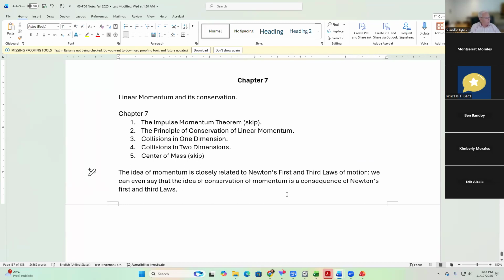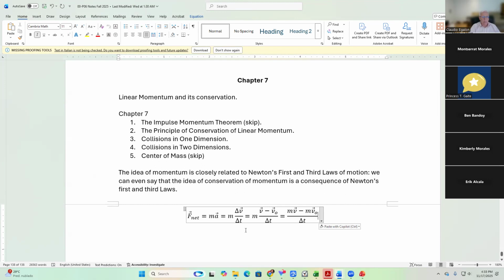And let's take a more close look at this idea. You already know that the net force applied to an object is mass times acceleration, right? And mass times acceleration can also be spelled out as mass times delta V over delta T.